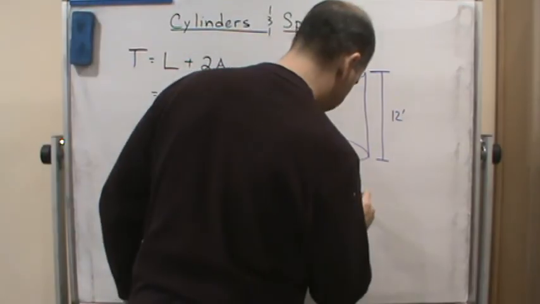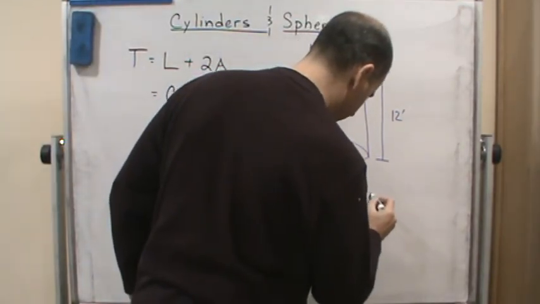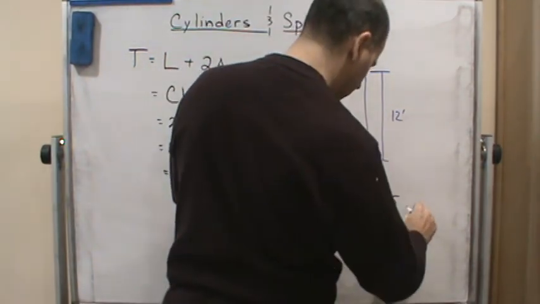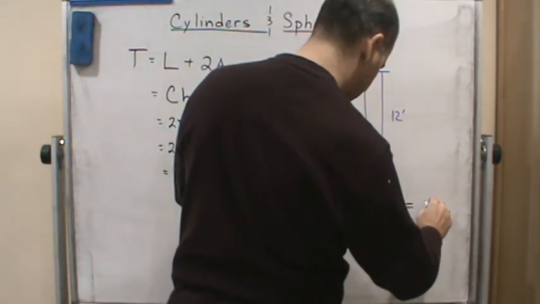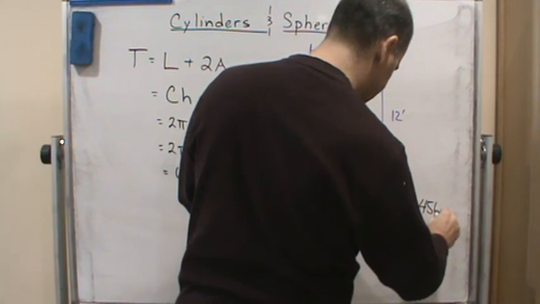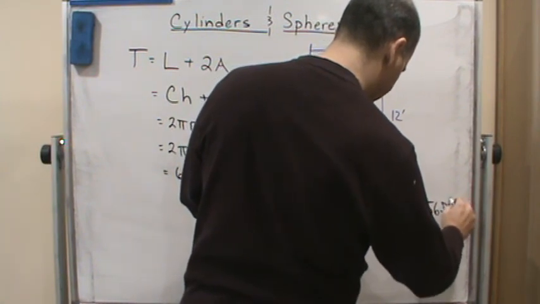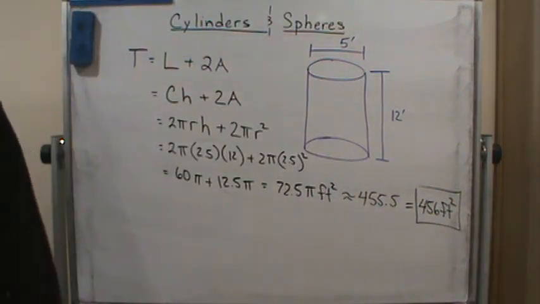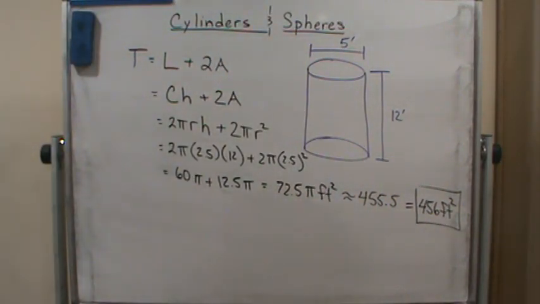They want the nearest square foot, so that's going to be approximately 456 square feet of sheet copper that will be needed. And that's it. Boom. Have a great day.